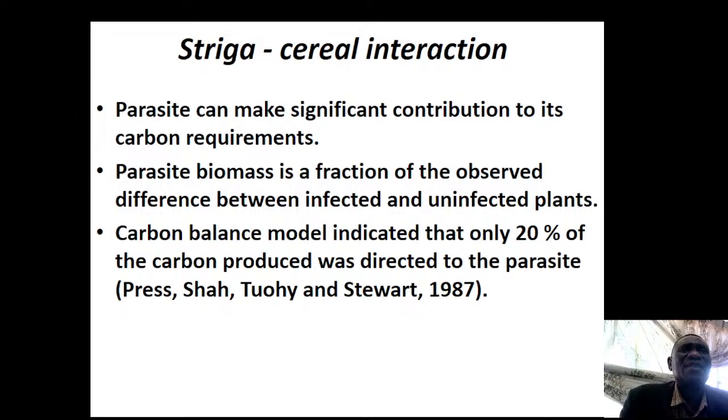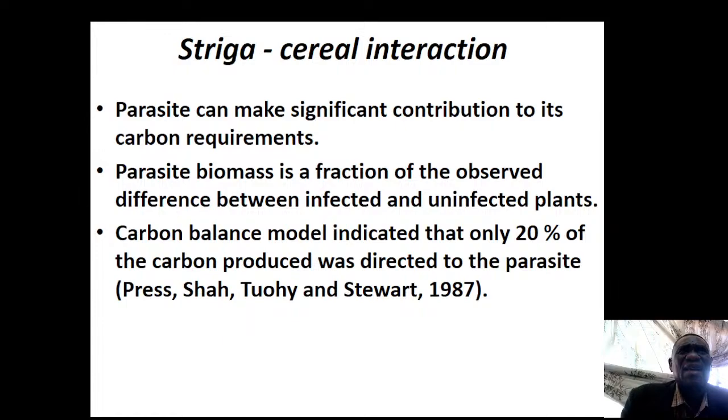And if you look at it, the parasite biomass is very small, and movement of carbohydrates may not account for the impact of striga on the cereals. In fact, there's also evidence that only 20% of carbohydrates are directed to the parasite.